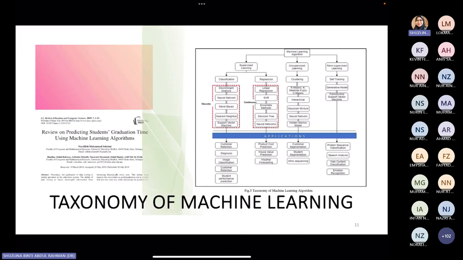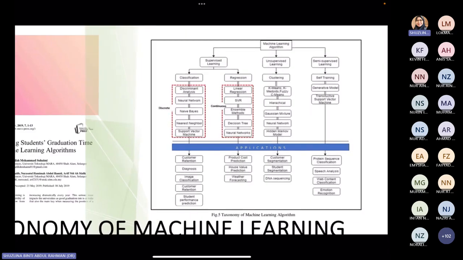This is another form of how we classify machine learning algorithms, what we name the taxonomy of machine learning algorithms. Just now we mentioned the common categories of machine learning algorithms, which are supervised learning and unsupervised. But in between, we have another learning approach that we call semi-supervised.